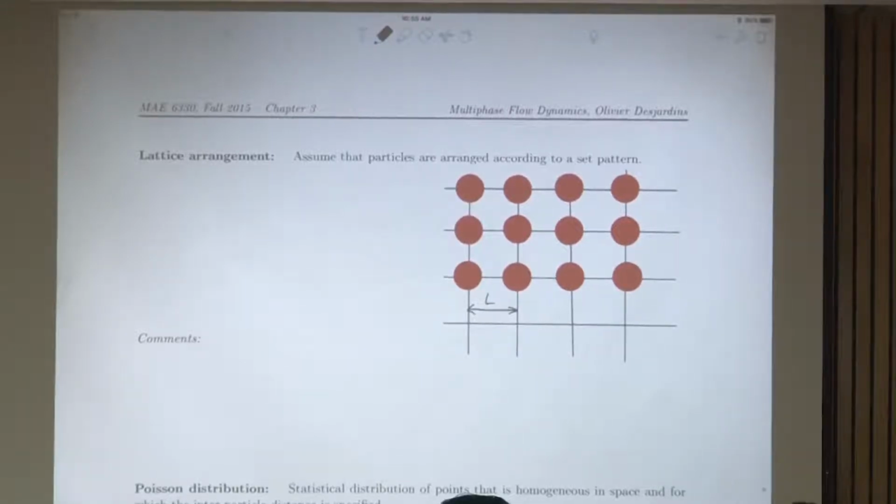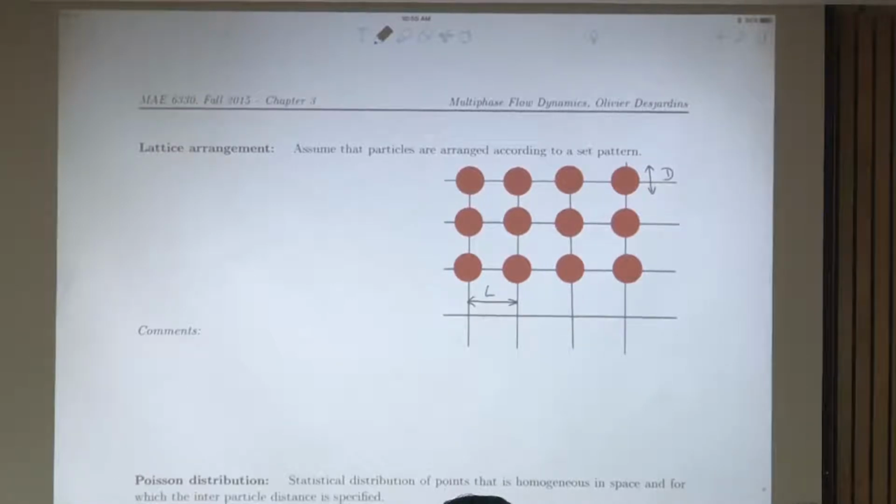If the characteristic size of that lattice is L, and my particle diameter is D, then I can trivially compute my volume fraction.